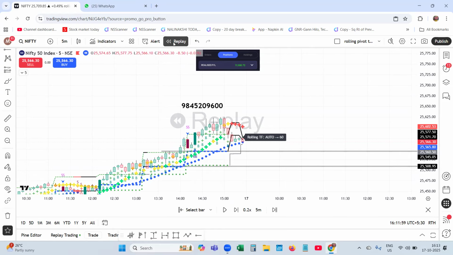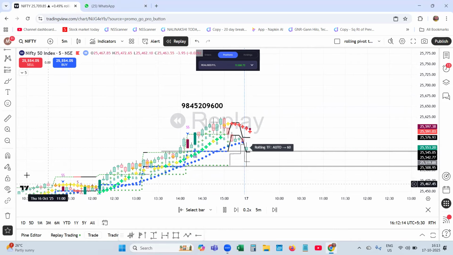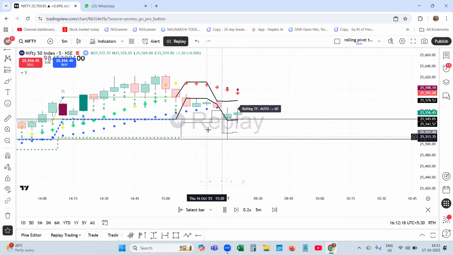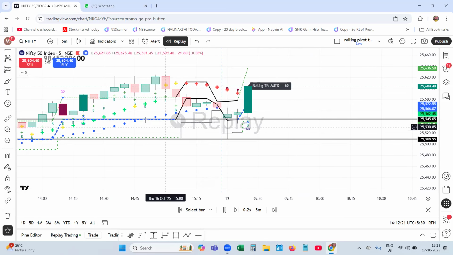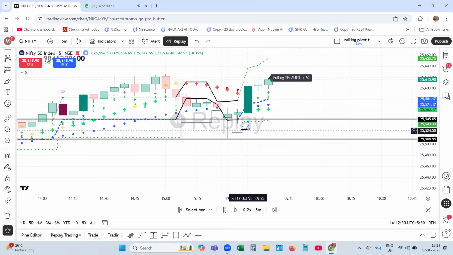Let me start the replay button and show you how the indicator performs and how easily anybody can take the trade, even if you do not know technical analysis. See the first bar playing. Now you can see the first bar pierce through this support line, and immediately a buy signal was generated here.